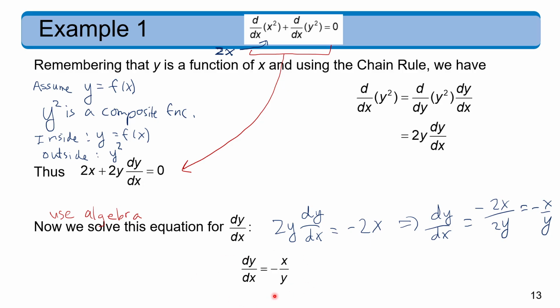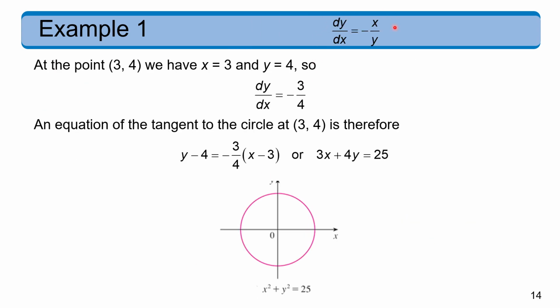So we just completed the first part of this example, which we were asked to find dy dx. So now we'll go on to the second part. Here's the formula we just found for dy dx for this given equation. The next thing we were asked to do was to find an equation for the tangent line at the point 3, 4.